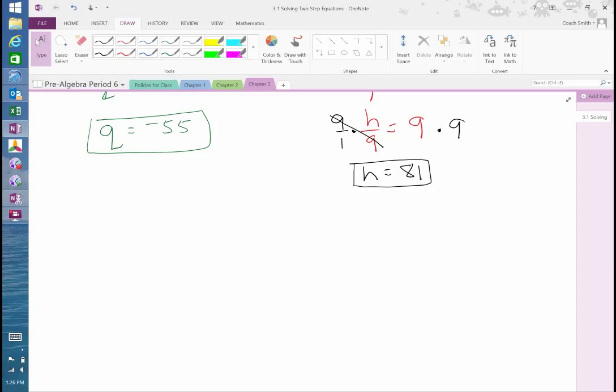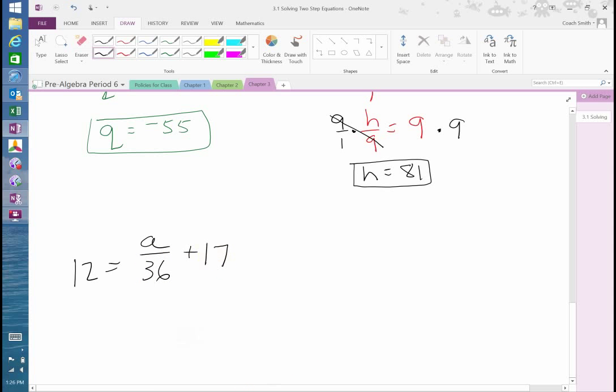Now, I want you to try this one on your own. 12 equals a over 36 plus 17. 12 equals a over 36 plus 17.